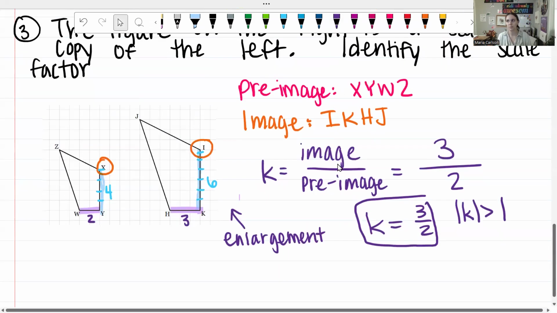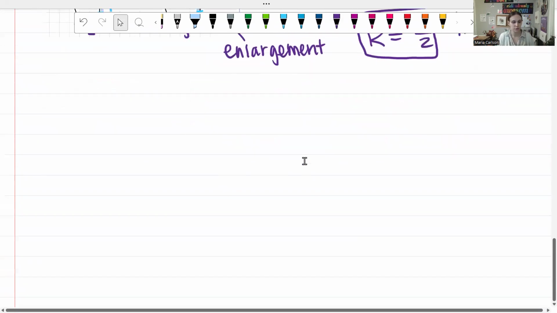All right, I want to do one more example together. Number 3. Oh, nope, that was number 3. Number 4.